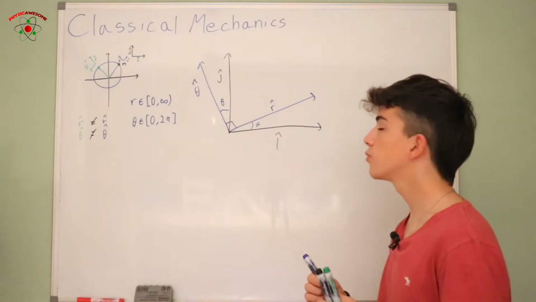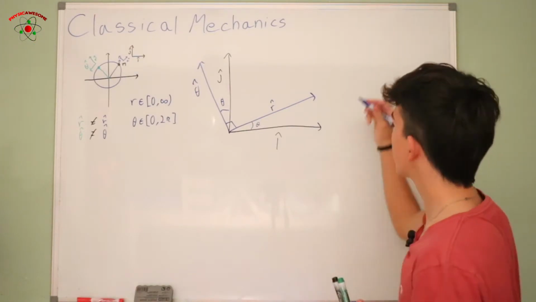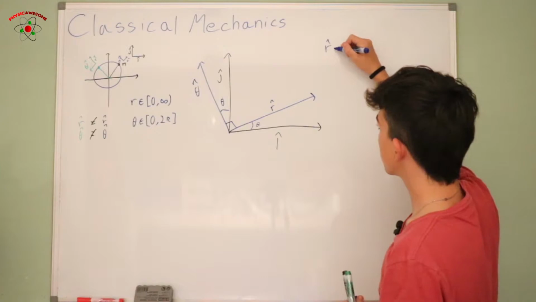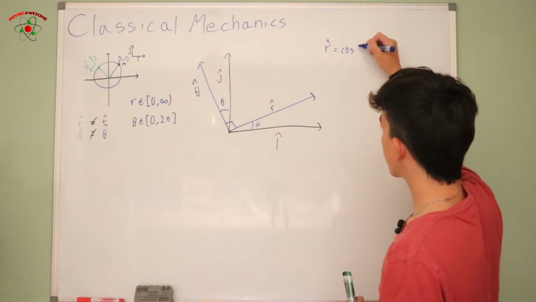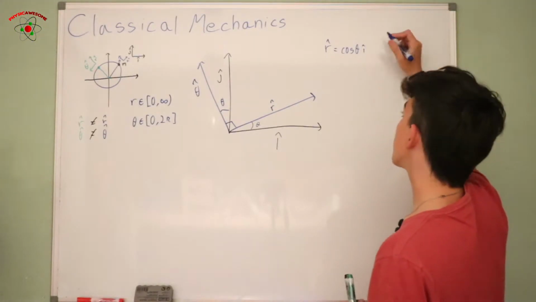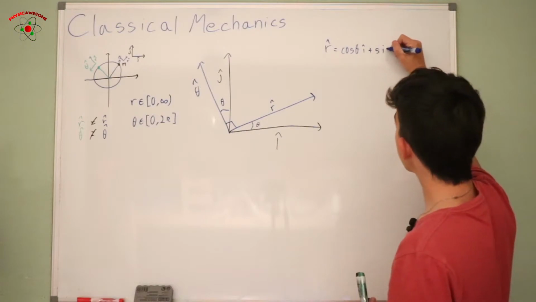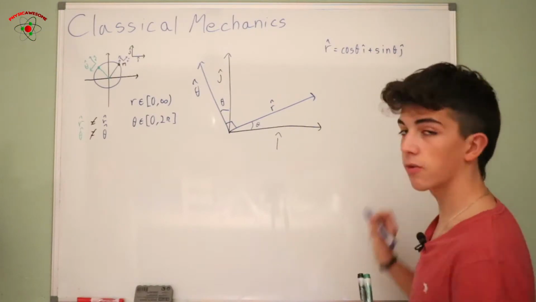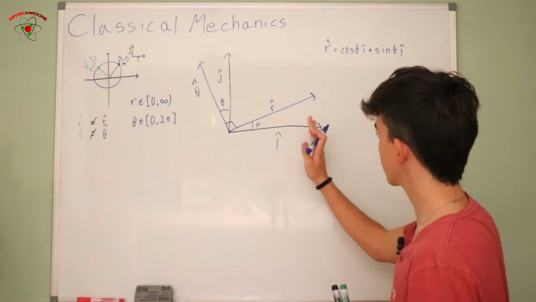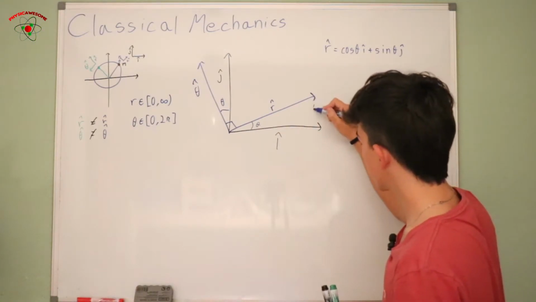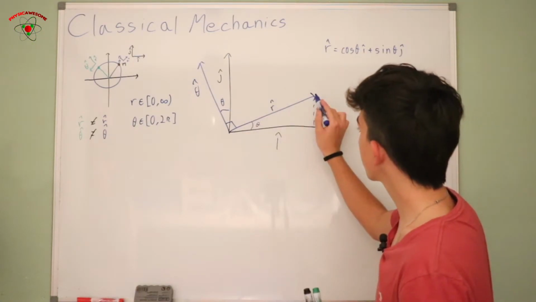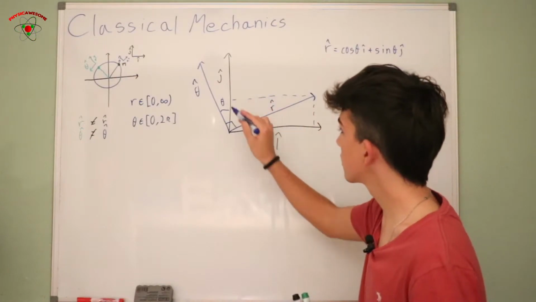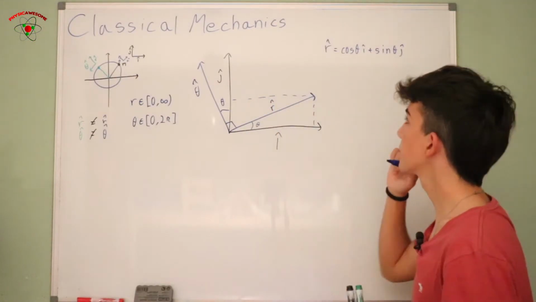Now, doing a bit of trigonometry, we find that r hat equals cosine of theta in the i hat direction plus sine of theta in the j hat direction. The cosine of theta is this part up until here, and the sine of theta is this part up until there.